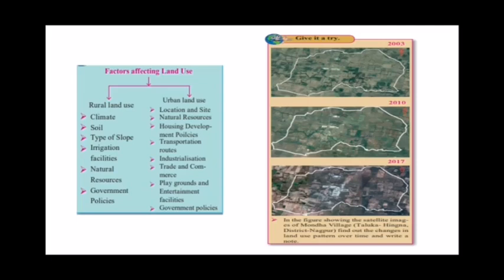Now, beside this, you can see a picture which is a satellite image of a land. You can see a satellite image of Moda village, in Hinga taluka, in Nagpur district. Now you have to find the changes that have taken place in the pattern over time.